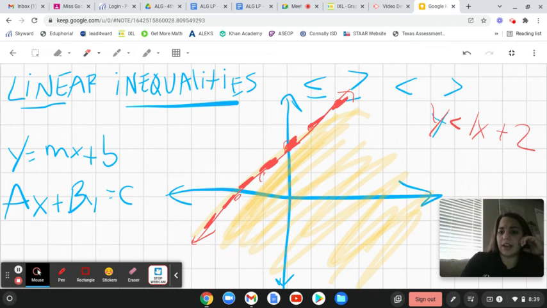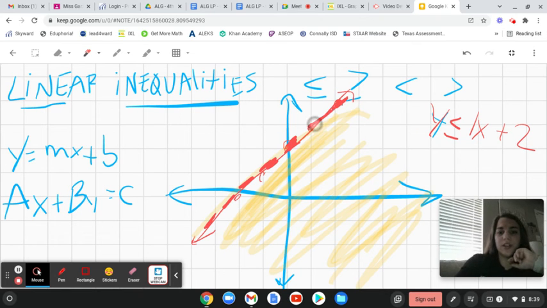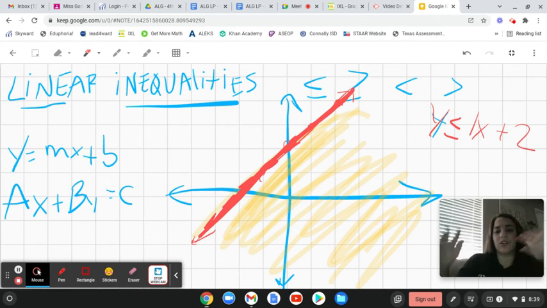If we ever had less than or equal to, technically that does mean that we can equal the exact line. If we had the less than symbol, that meant that we could get really close to the line, but we can't exactly equal the line, right? But if we have less than or equal to, we do have this line, and I would have just drawn a solid line like normal, and then found somewhere to shade.